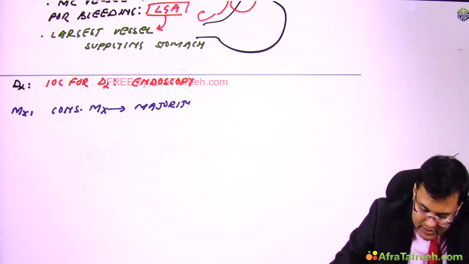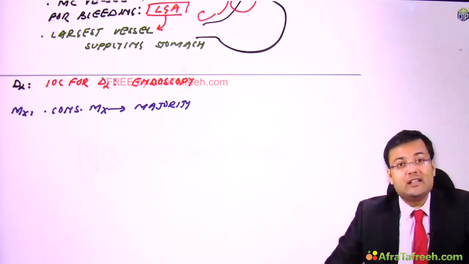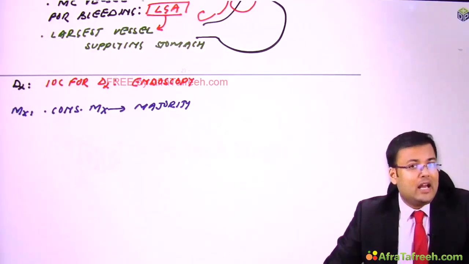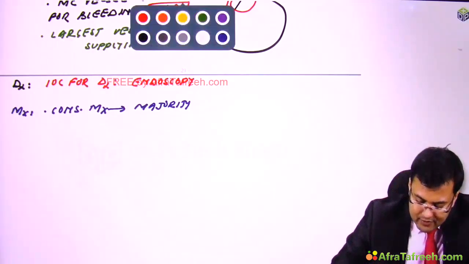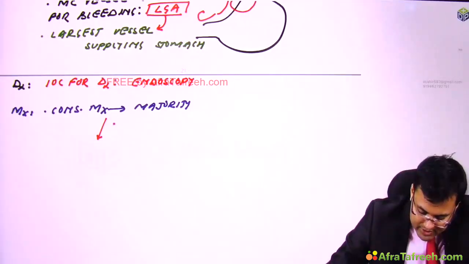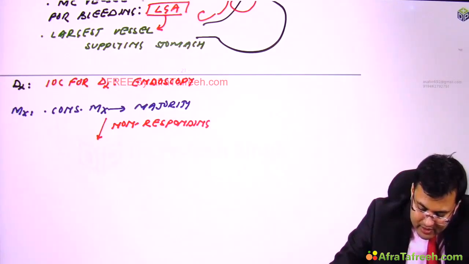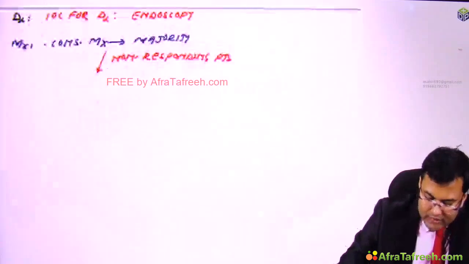But I told you that in 20% of cases there is massive bleeding, and if there is massive bleeding we have to control the bleeding. So for non-responding patients, what do we have to go for?